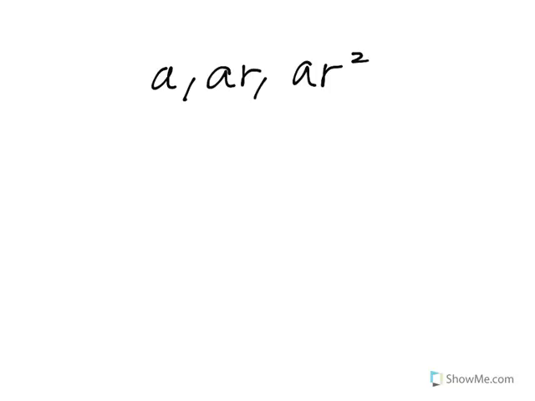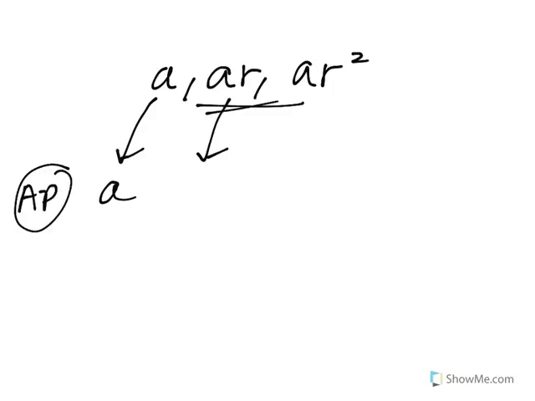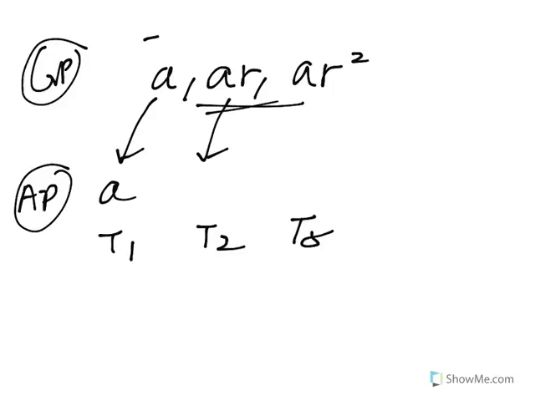Remember, for the AP we're talking about the first, second, and fifth term, and for the GP, just any three consecutive terms.